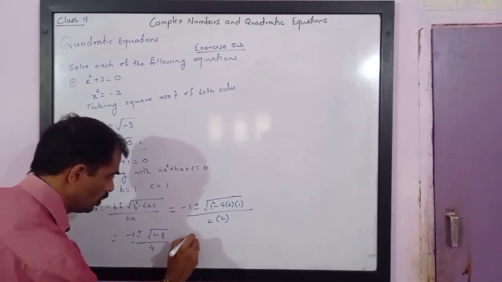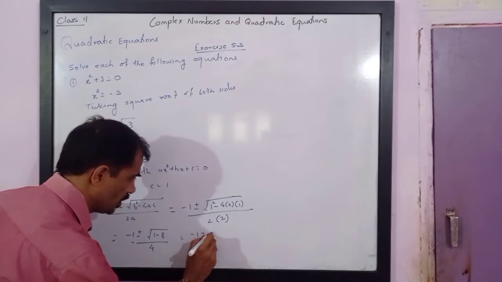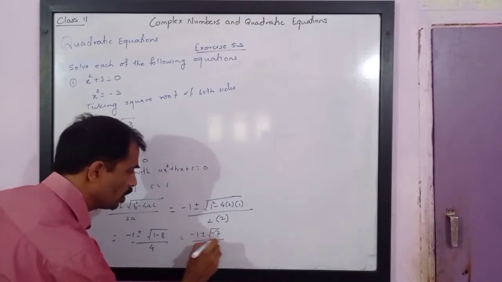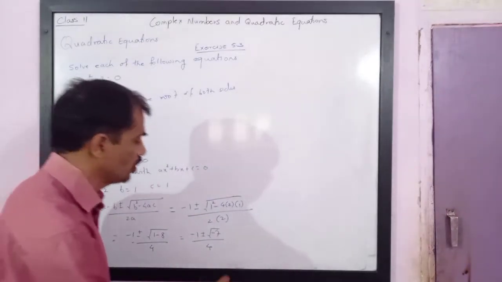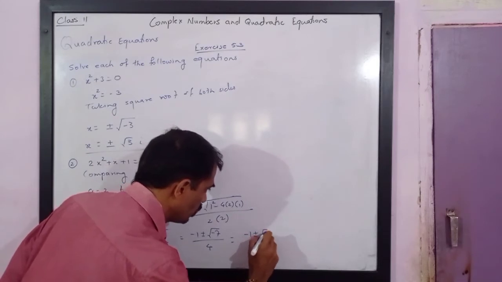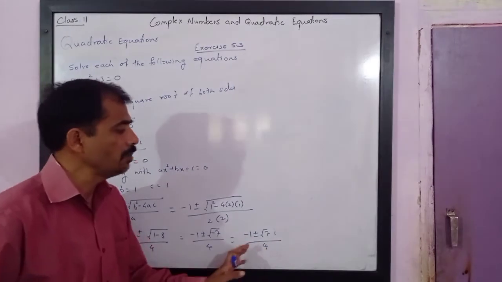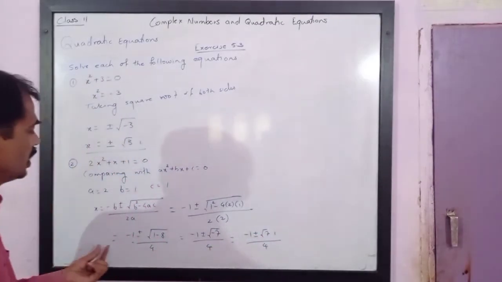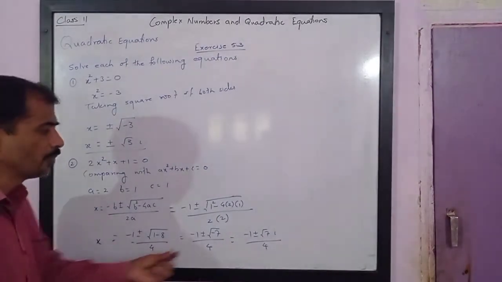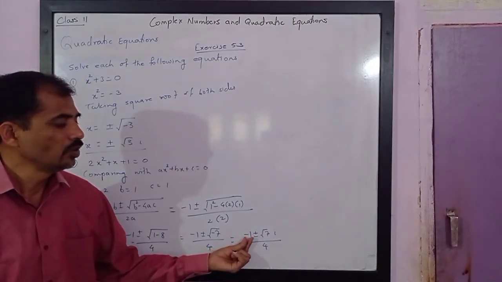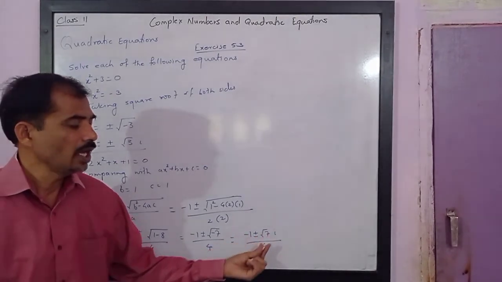So this is equal to minus 1 plus or minus root of negative 7 upon 4. But the root of minus 1 is equal to I. So this is equal to minus 1 plus or minus root 7 I upon 4. Denominator can be written separately and the two values of x can be written separately. So x is equal to minus 1 plus root 7I upon 4, or x equal to minus 1 minus root 7I upon 4.